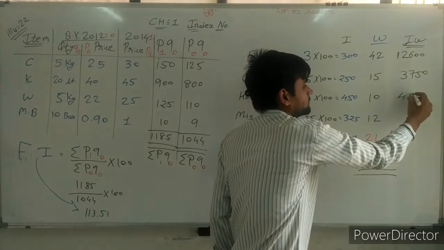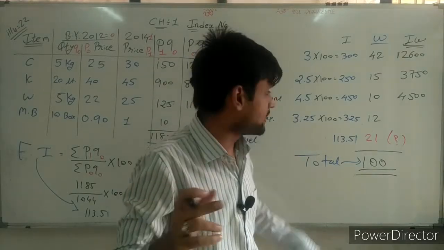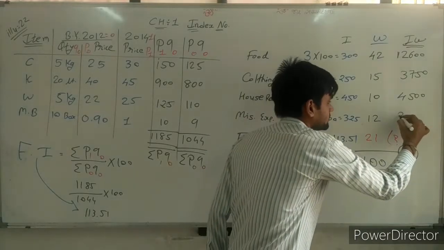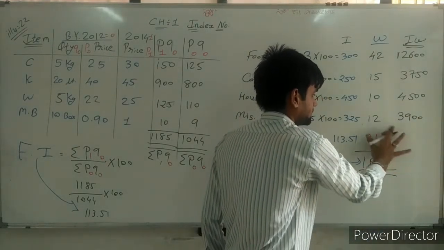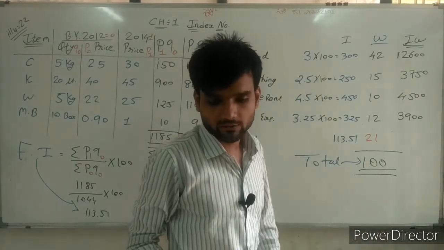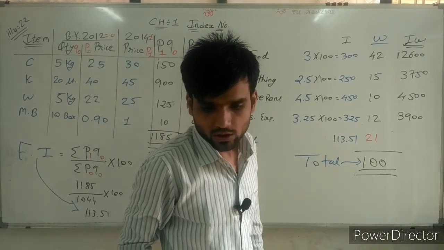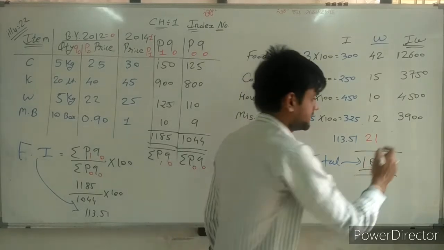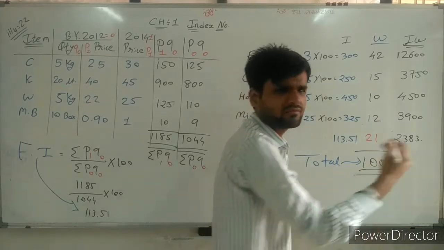Directly can do. 4,500. 325 into 12, 3,900. And last, 113.51 into 21. We are getting 2,383.71 something.